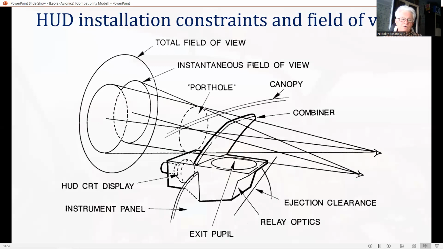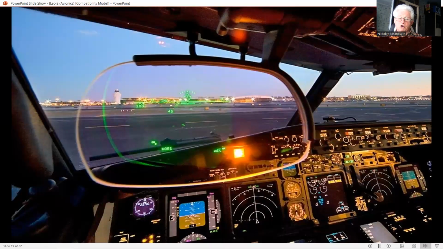The effect of the cockpit space and geometry constraints is that the HUD design has to be tailor-made for each aircraft type, and a standard HUD, which would be interchangeable across a range of different aircraft types, is not a practical proposition.